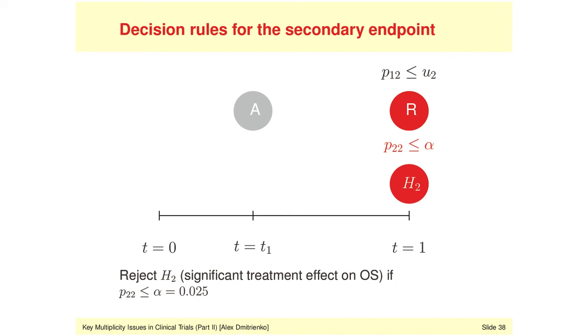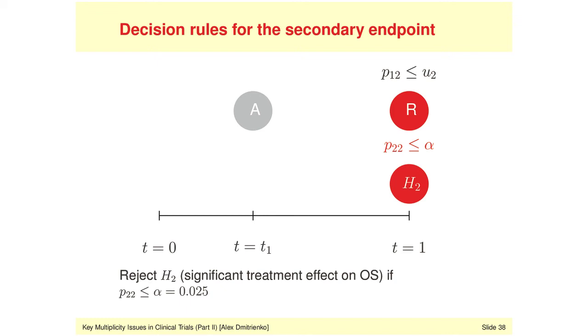It can be carried out only at the very end of the trial. Because of that, there's no alpha spending associated with the overall survival test. And because of that, we can spend all of the alpha at the final analysis, which means that we can claim a significant treatment effect on overall survival if p22 is less than or equal to alpha.